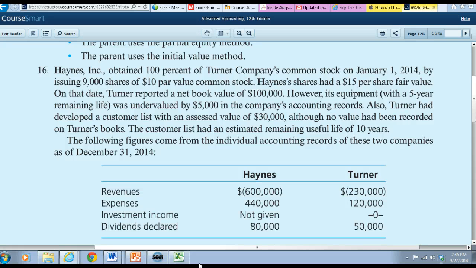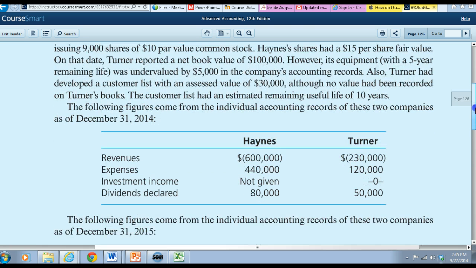However, its equipment with a 5-year remaining life was undervalued by $5,000 in the company's records. Turner had developed a customer list with an assessed value of $30,000, although no value had been recorded on the books. The customer list had an estimated remaining useful life of 10 years. The following figures are from the accounting records of these two companies.